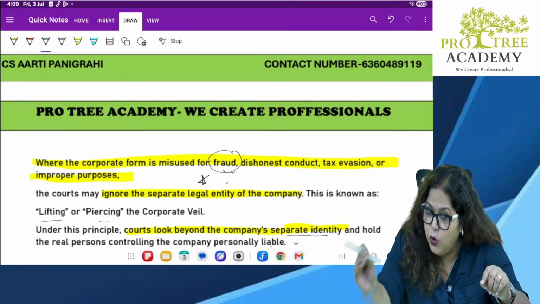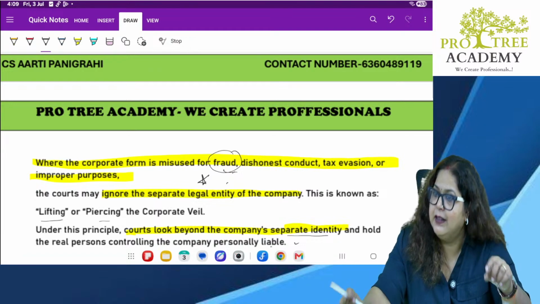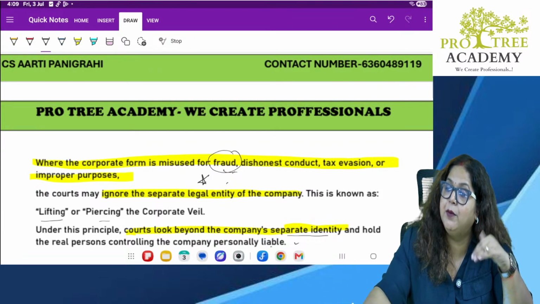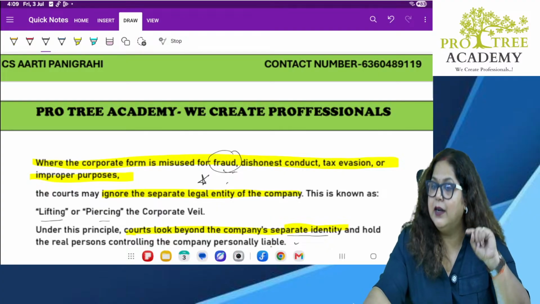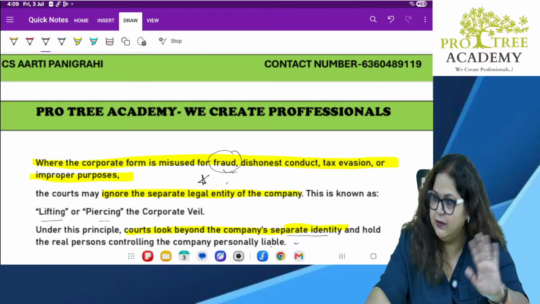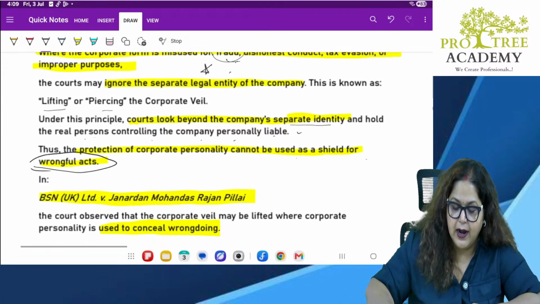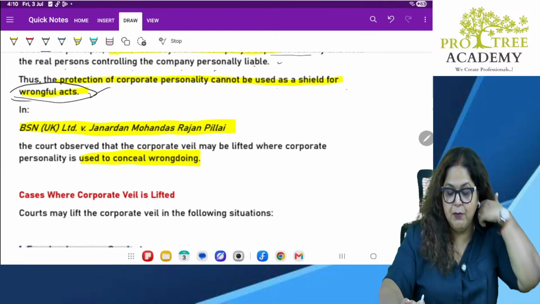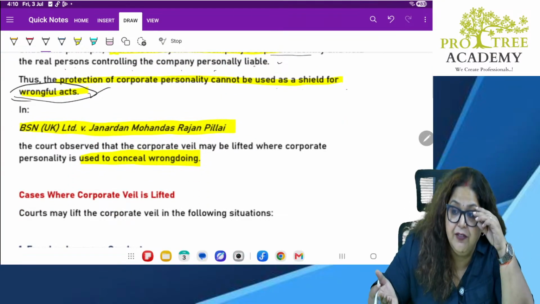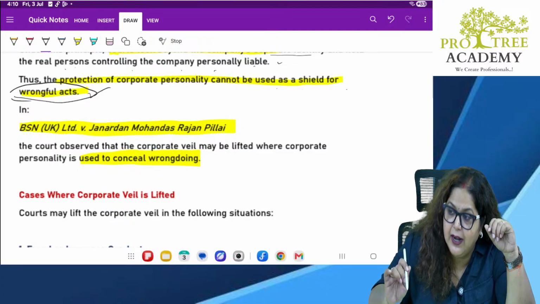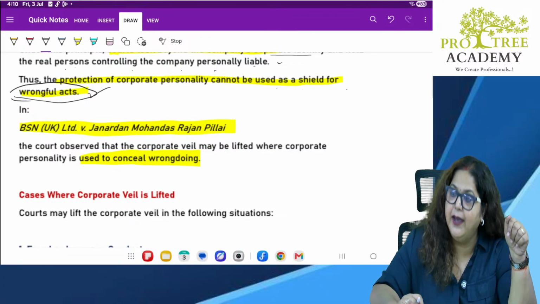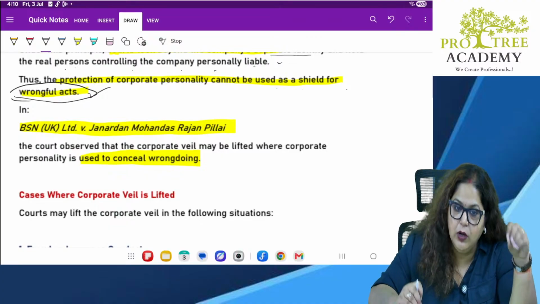The court will ignore that separate legal entity feature, and the court will look at who is beyond this, who is controlling this company's affairs. Clear? Then under this principle, we have covered this. Now you will see some cases where the court lifted and pierced the corporate veil and checked who is behind this shield.